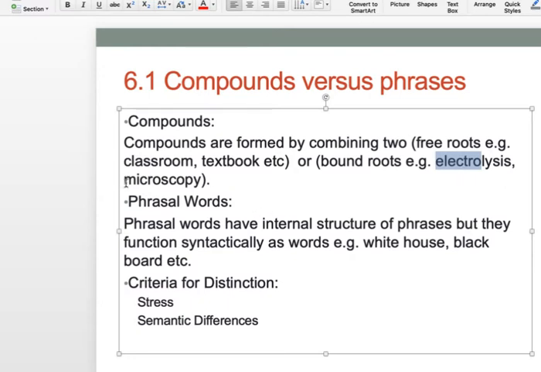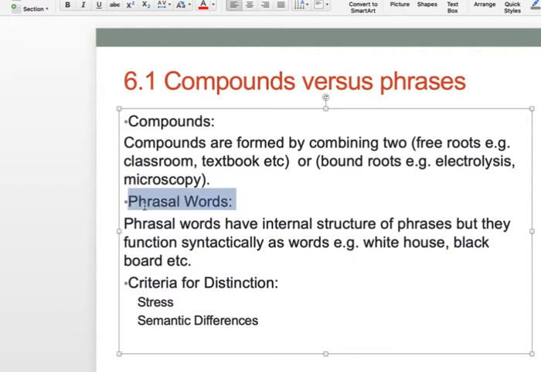Same way, micro and scopy, microscopy. Micro cannot stand alone, scopy cannot stand alone. Rather, when both bound roots come together, they can stand alone and they are considered compounds. There might be slight variation in this definition, but you already know what compounds are. Now phrasal words, which we are going to talk about for the first time.